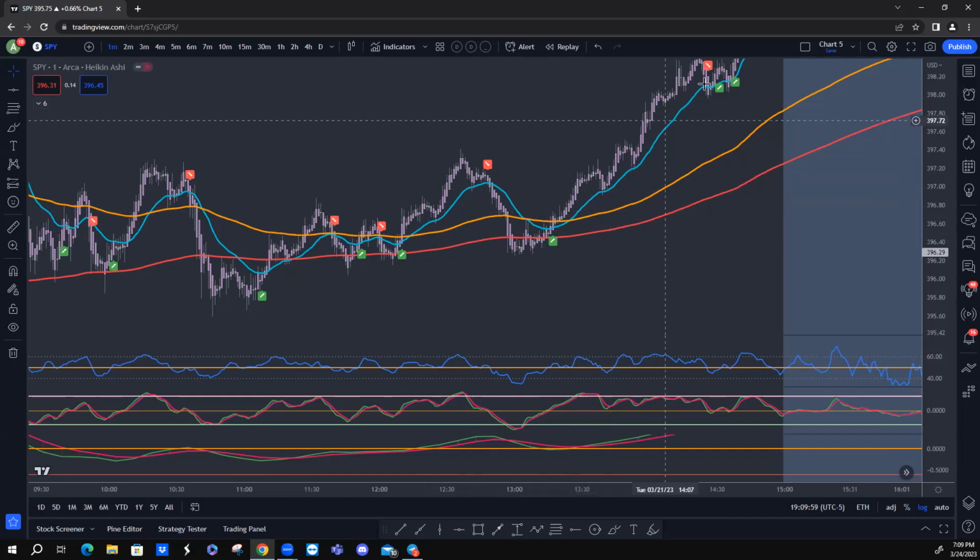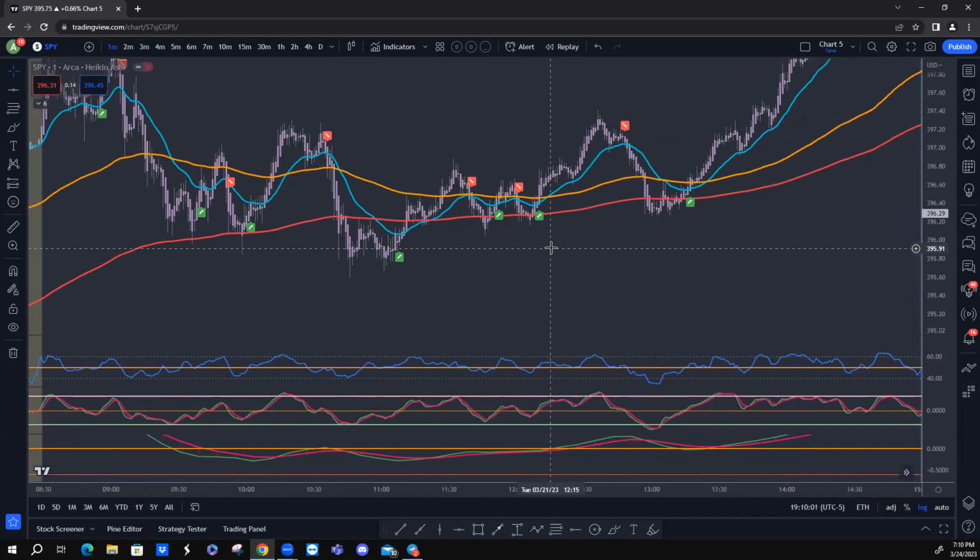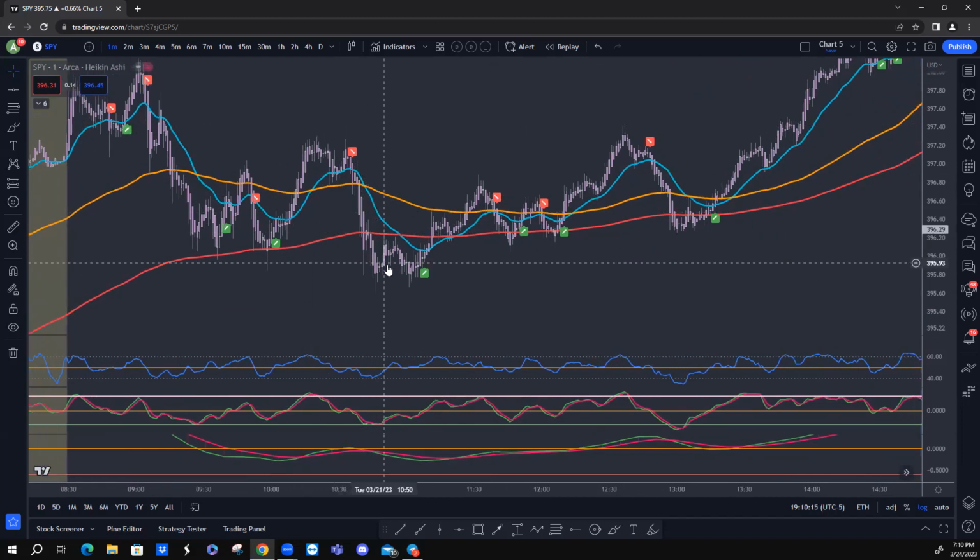So there's a sequence, and it's the same on the other hand, going down, and I'll find a better example here.